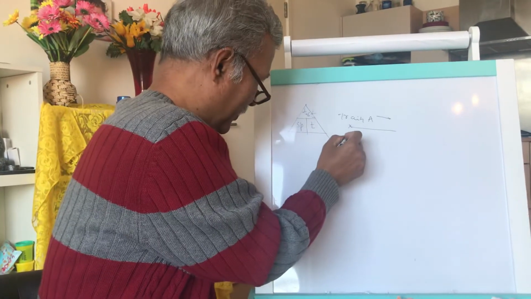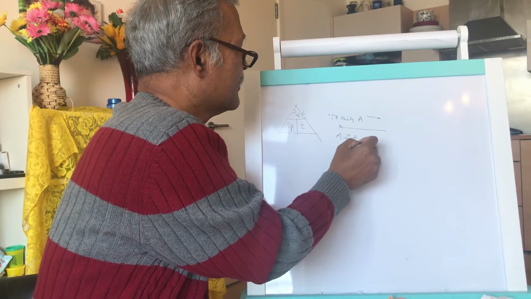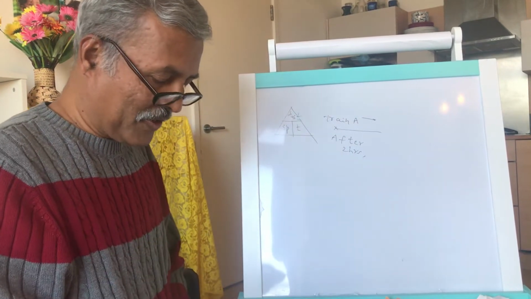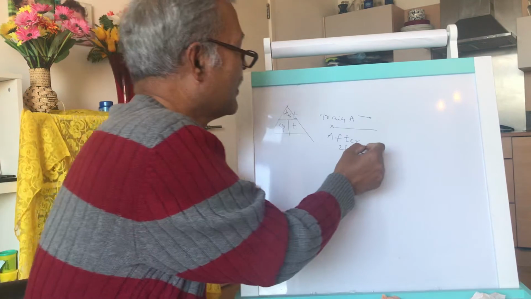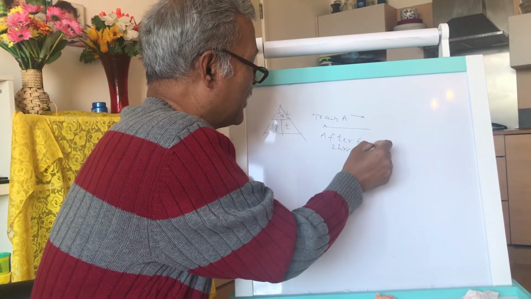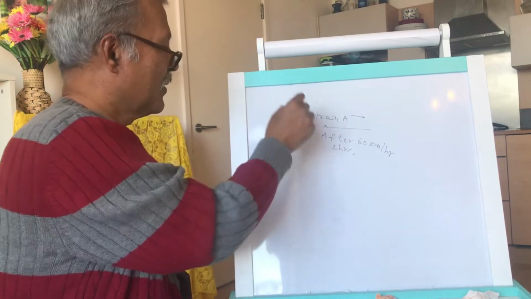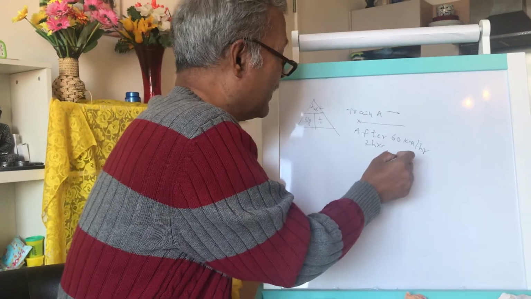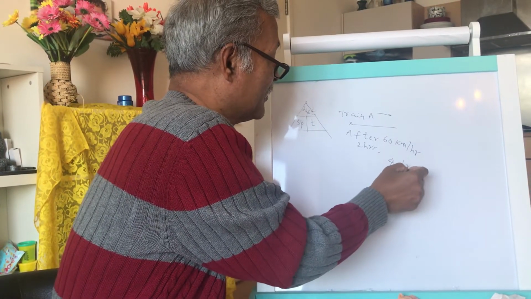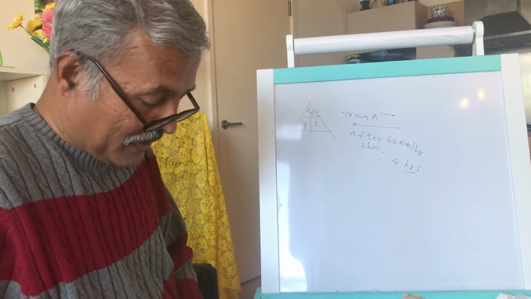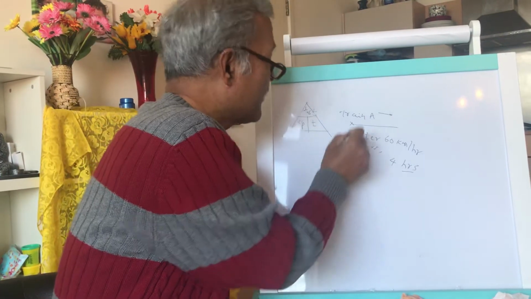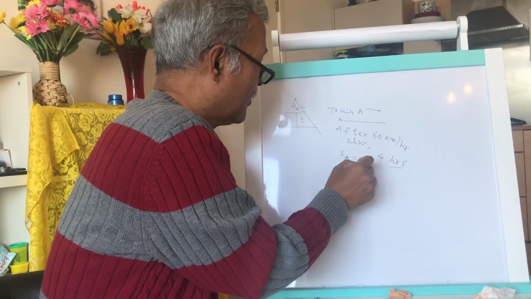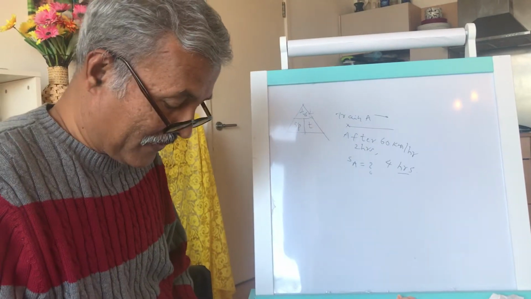After 2 hours, train B starts with a speed of 60 km per hour from the same station, and it catches up the first train in 4 hours. So the question is now, what is the speed of train A? What is the speed of train A?